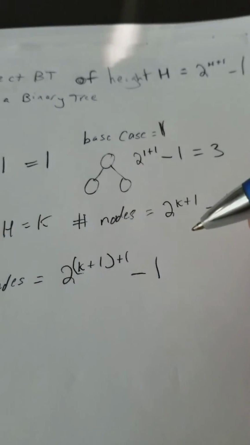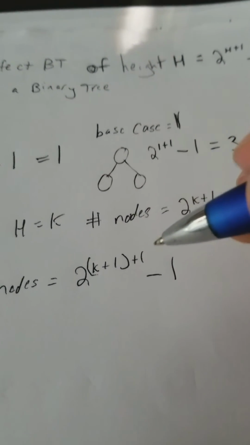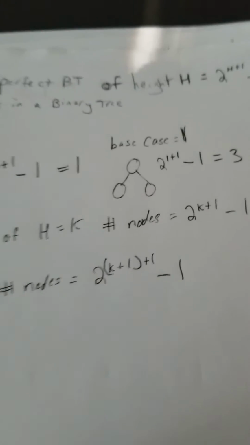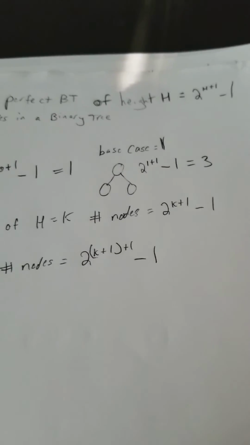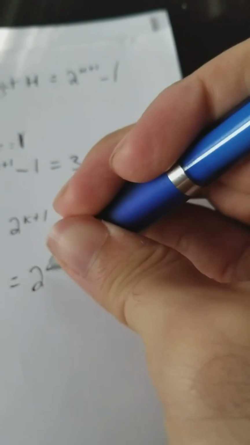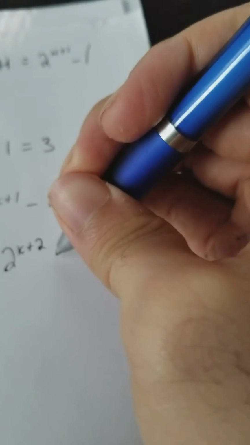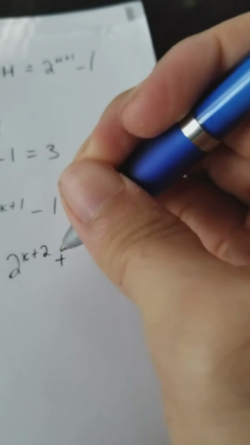And this right here will simplify to 2 raised to the power of k plus 2. I just wrote it out the long way, so if your algebra skills are a little rusty, you can see how that works out. So I'll just write that out for you: 2 to the k plus 2, minus 1.